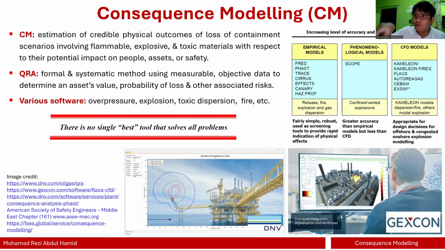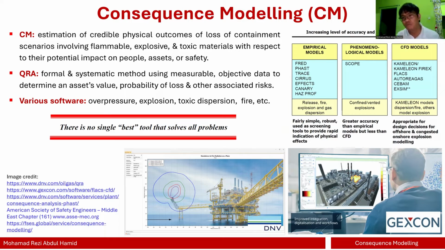And then at each radius we'll see what is the energy emitted per square meter. Basically it's the heat radiated, because this will obviously affect all of the assets, maybe humans, and anything that is in the vicinity of the incident area.